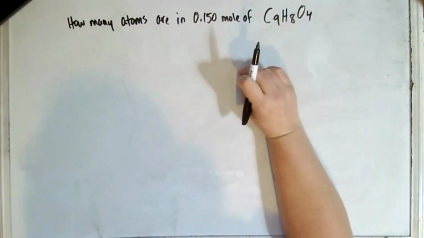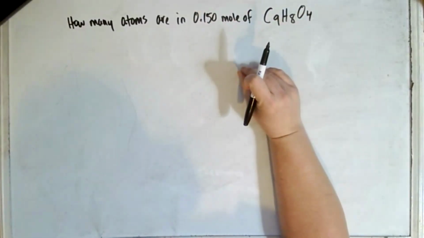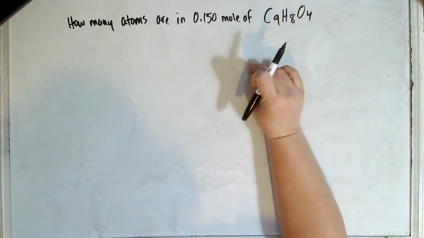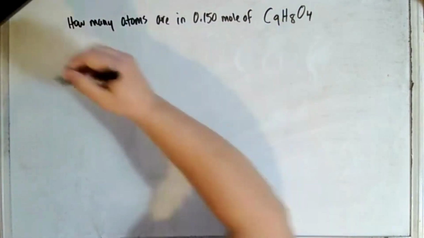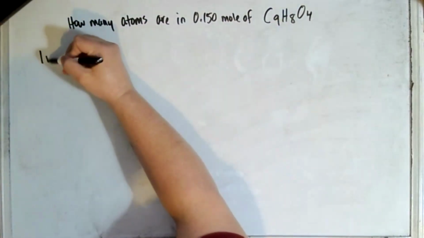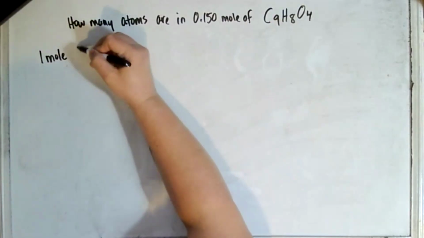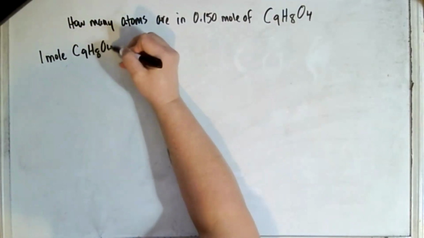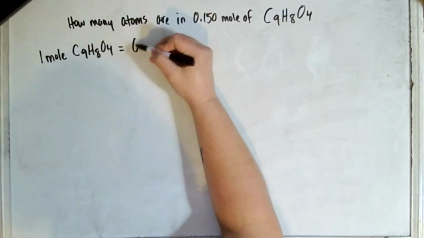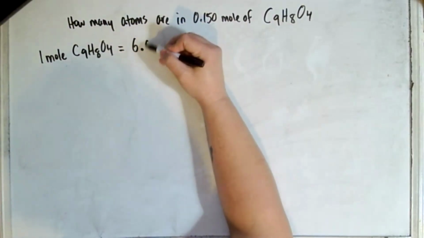What we have to remember is that with Avogadro's number, if we have a compound, Avogadro's number can tell us the relationship between 1 mole of that compound and the number of molecules of that compound we have present.